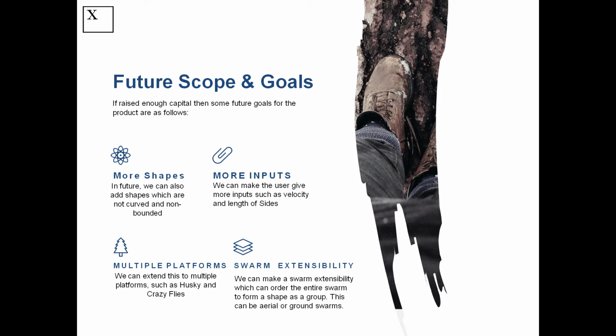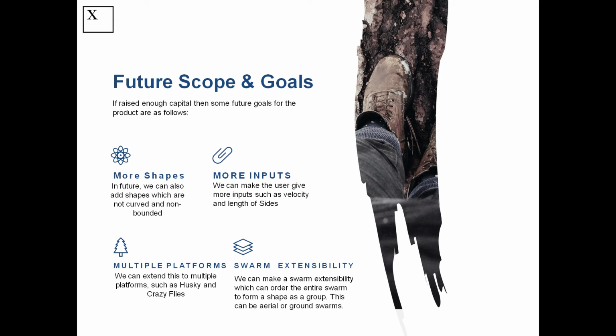So that was my project, and if you want to see the future scope and goals, I think the future scope would be to make it more interesting and add more shapes which are not just linear but also have arcs, circular shapes, and curves in them.